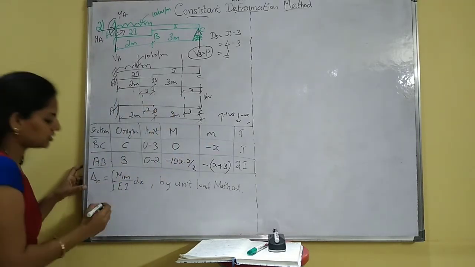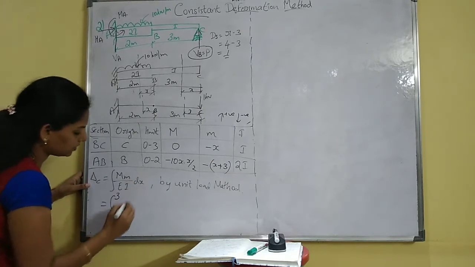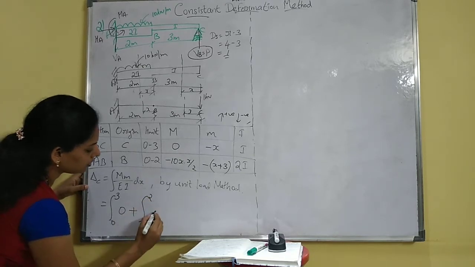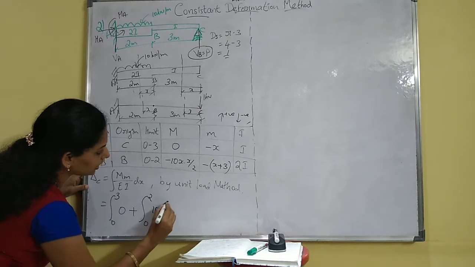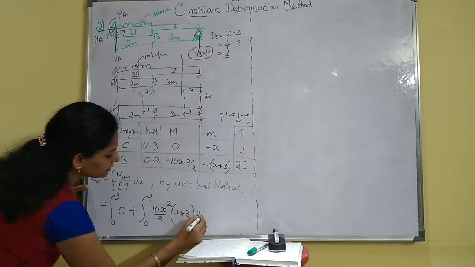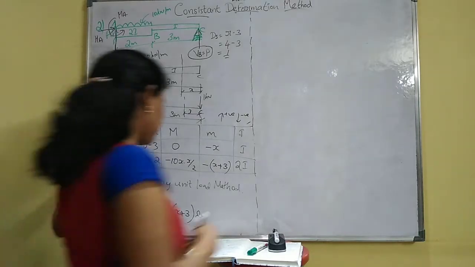Once this is done, calculate from 0 to 3, where M is 0 in the first case, plus 0 to 2, minus into minus it will be plus 10x square by 2 into (x plus 3) dx divided by EI. Just simplify it.